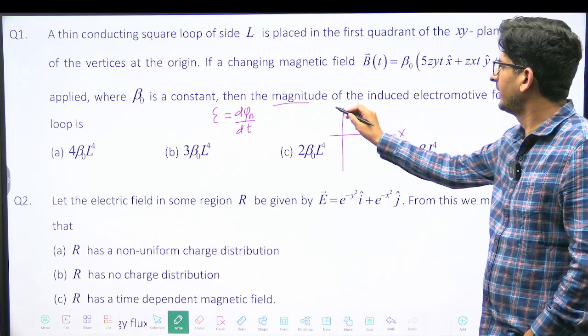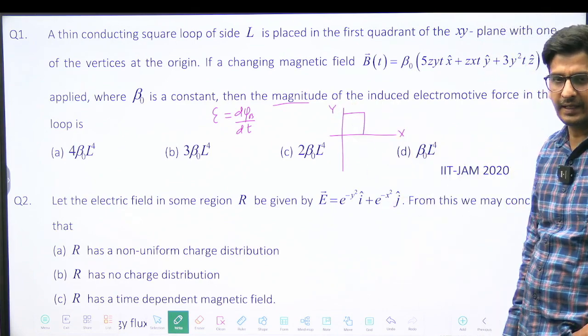this is x, this is y. So let us take it in z cap direction.